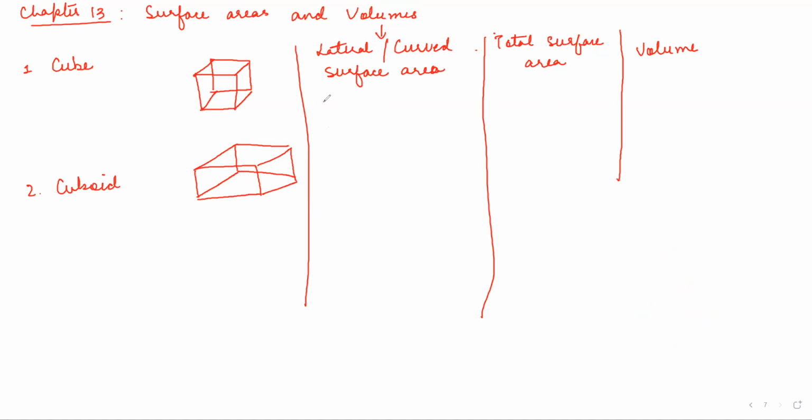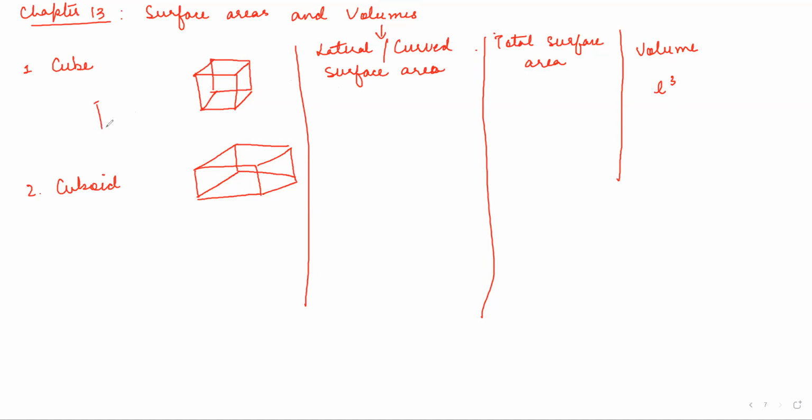Okay, now let us come to cube. If I talk about volume, the volume of the cube is L cube, where L is the length of one side, and because all the sides are equal, it is L cube. Lateral surface area means if you remove the top and bottom, only 4 surfaces you are taking.